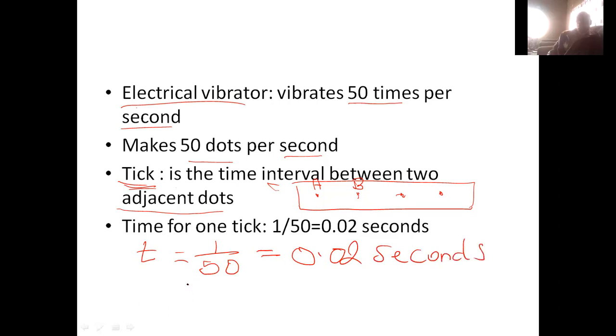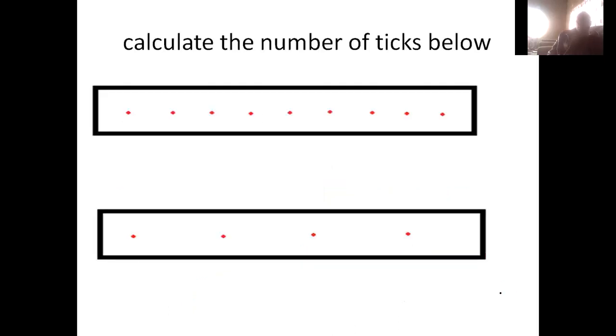So 1 tick, therefore, is equal to 0.02 seconds. This is very important.